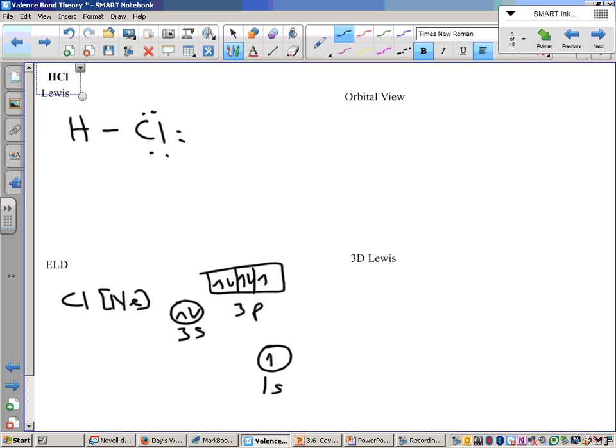1s, got an electron in it. I don't think it's too crazy to put a box around that and call it a bond. And it's also a sigma bond.